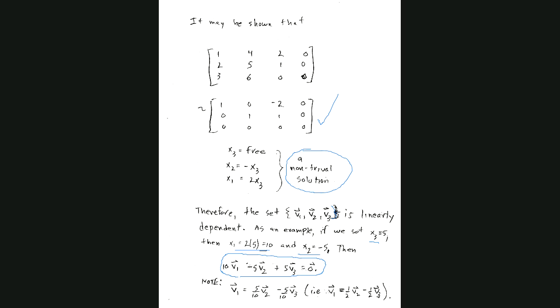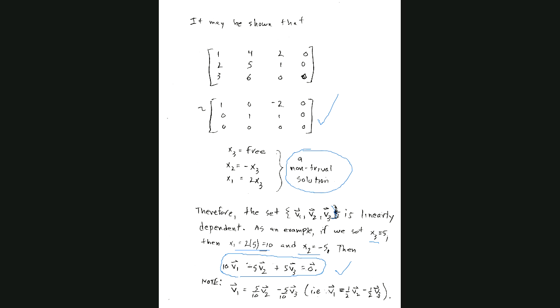But how I like to think of it is, that's true. But whenever I think of linear dependence, I think, okay, one of the vectors in the set can be written as a linear combination of the other vectors.